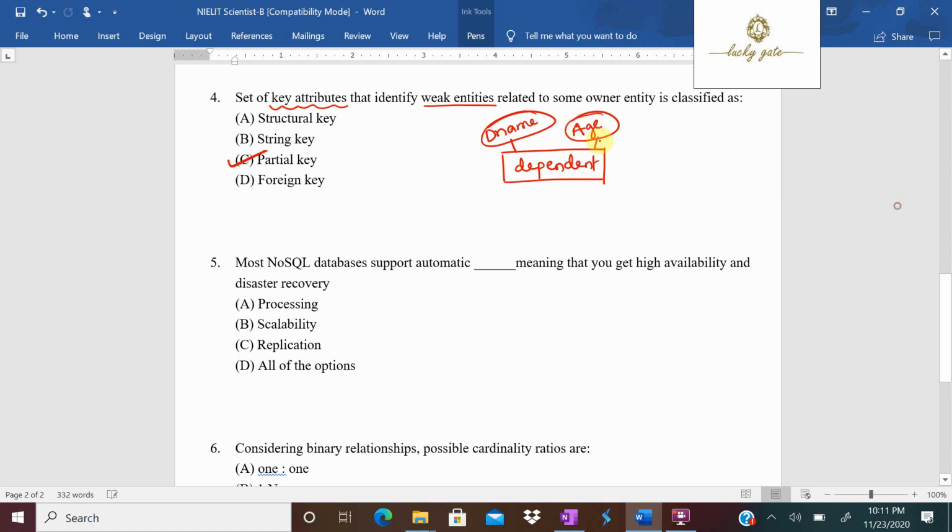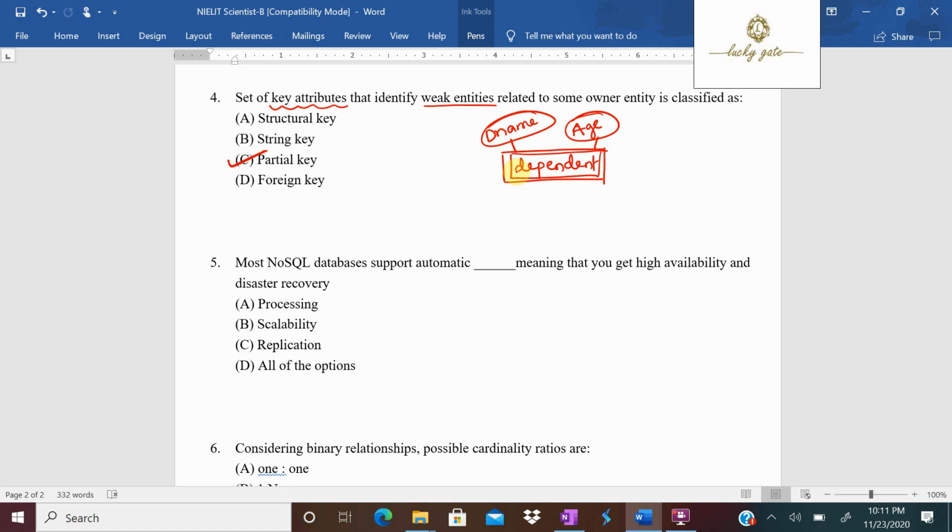Because both dependent name and age are not possible to identify a dependent uniquely, we can call dependent a weak entity set, and a weak entity set in the ER model is represented with a double rectangle. It is called weak because it does not have a key attribute.